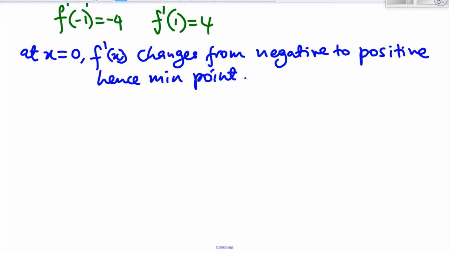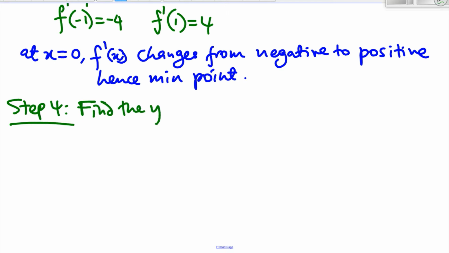So what will be step 4? Step 4 will be to find the y coordinate. We just plug in 0 in place of x.